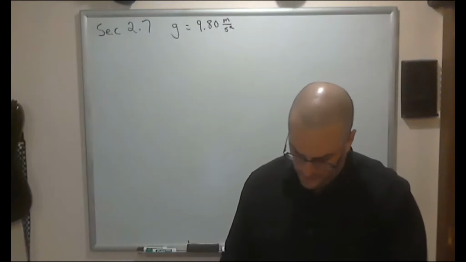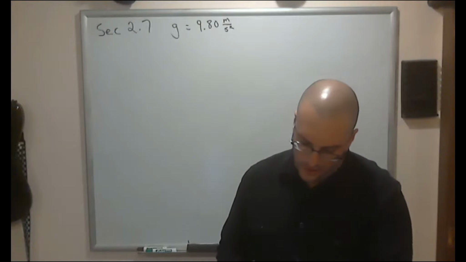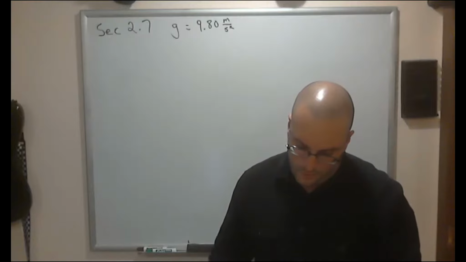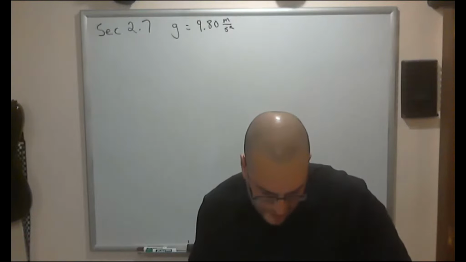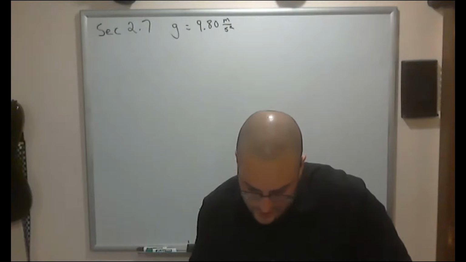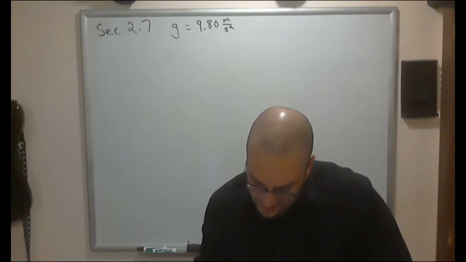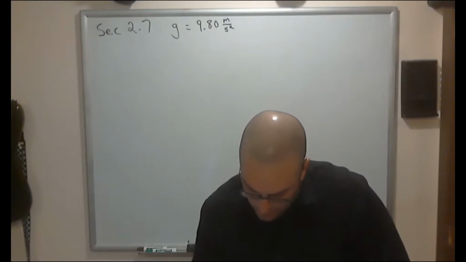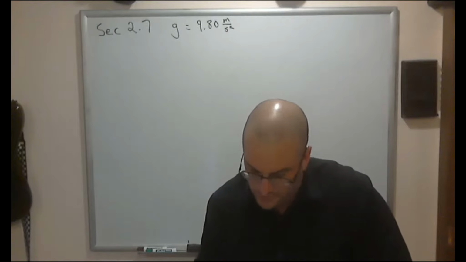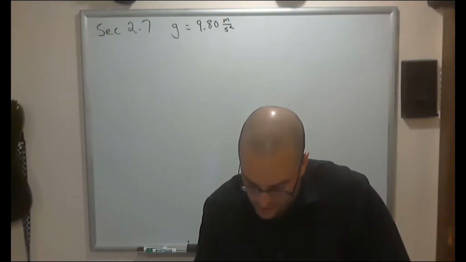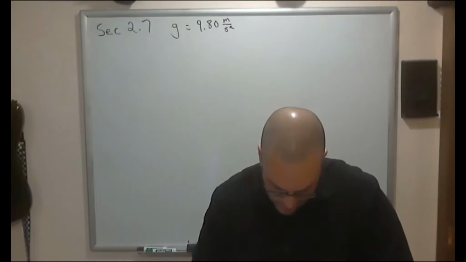If you want to read at home the rest of the chapter, look at examples 2.16 and 2.19. There are some optional sections in the book, 2.8 and 2.9.